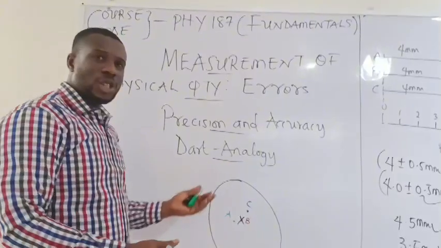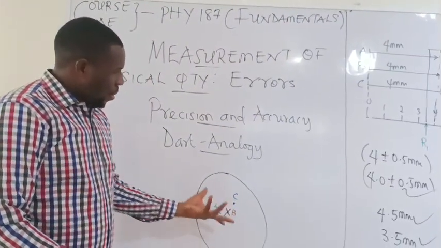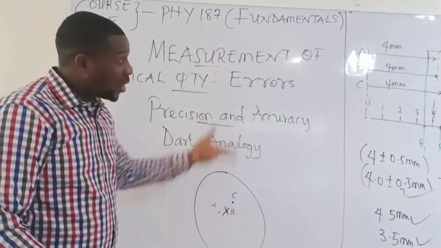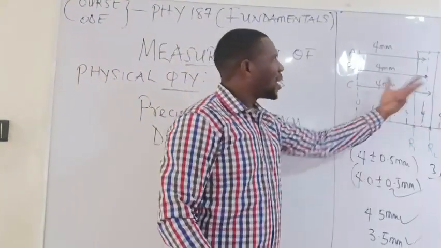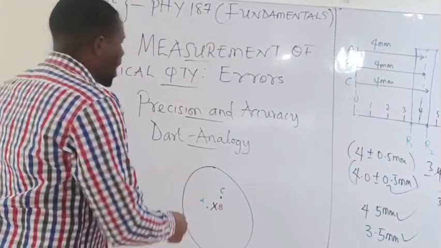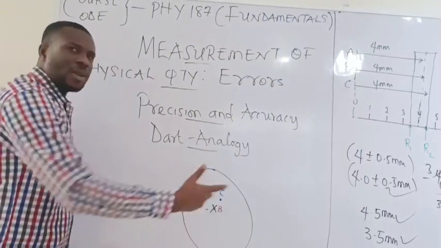So what is precision? It is how close, of course, this experiment could be repeated. In other words, I could repeat this as often as I want. So what is simply precision? Precision is how close repeated measured values are to each other.